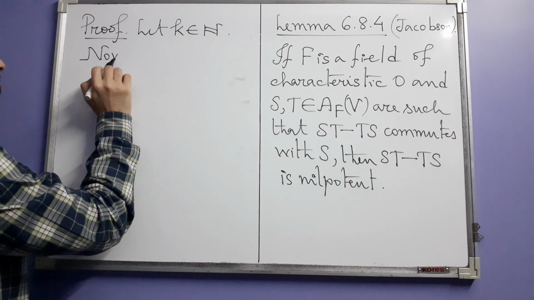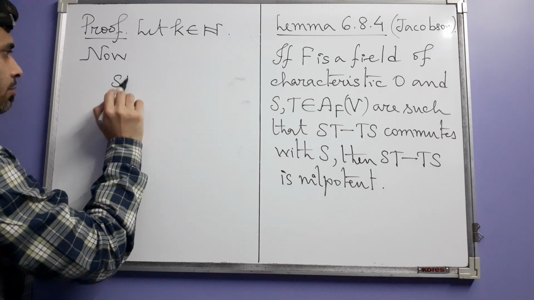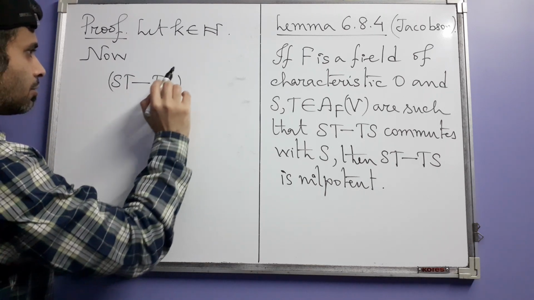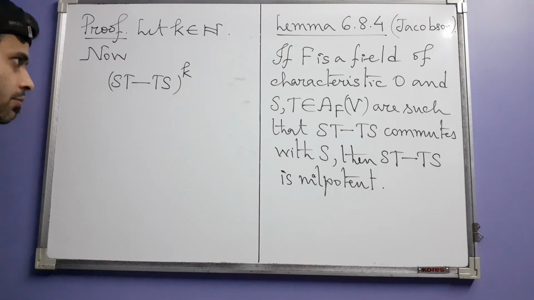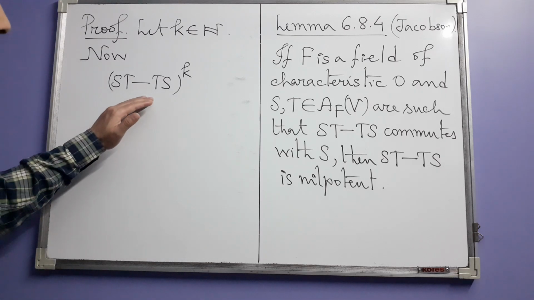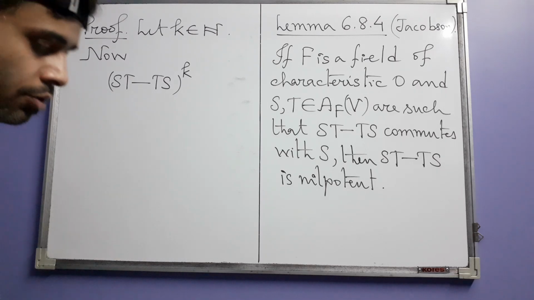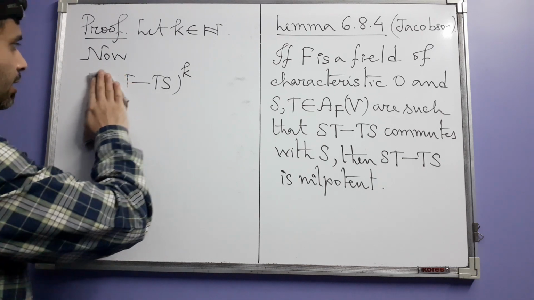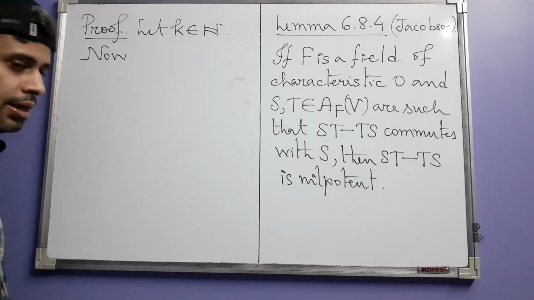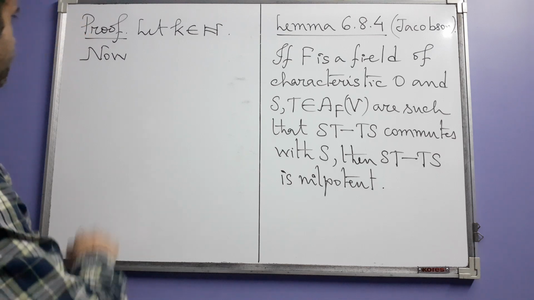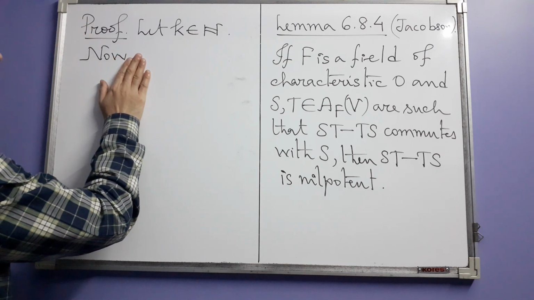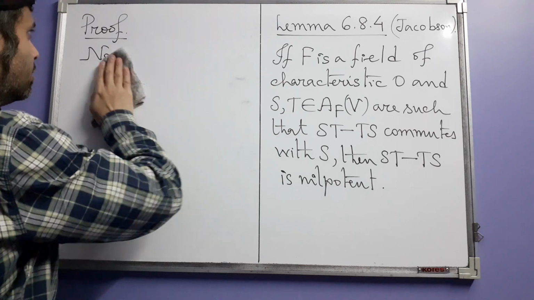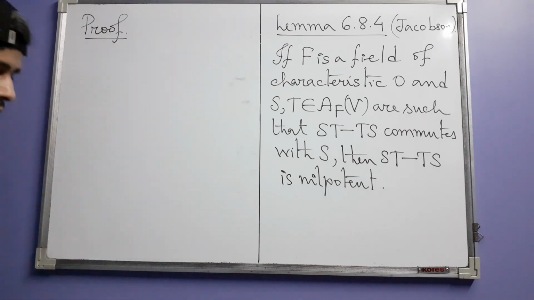Now, the way this calculation goes, I think it will be more clear if I consider the case k equal to 1 separately. Then I have to start a little differently than how it's given in the book.